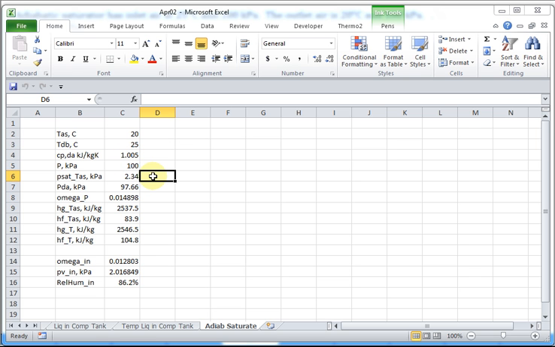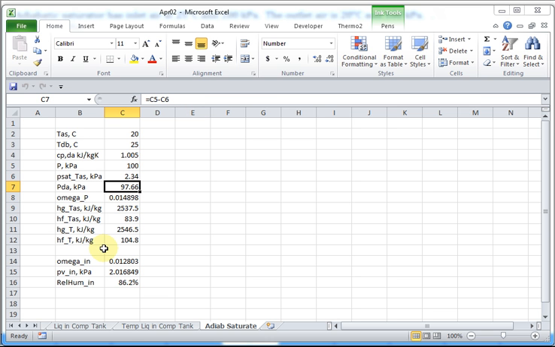Pressure is known. The saturation pressure at the adiabatic saturation temperature of 20 degrees is 2.34 kPa. And if you notice, if I click here on this cell, you can see that I'm just calling a routine. So if you look at your tables, it may be just a little bit different, but it'll be really, really close, okay? So I'm using the software.